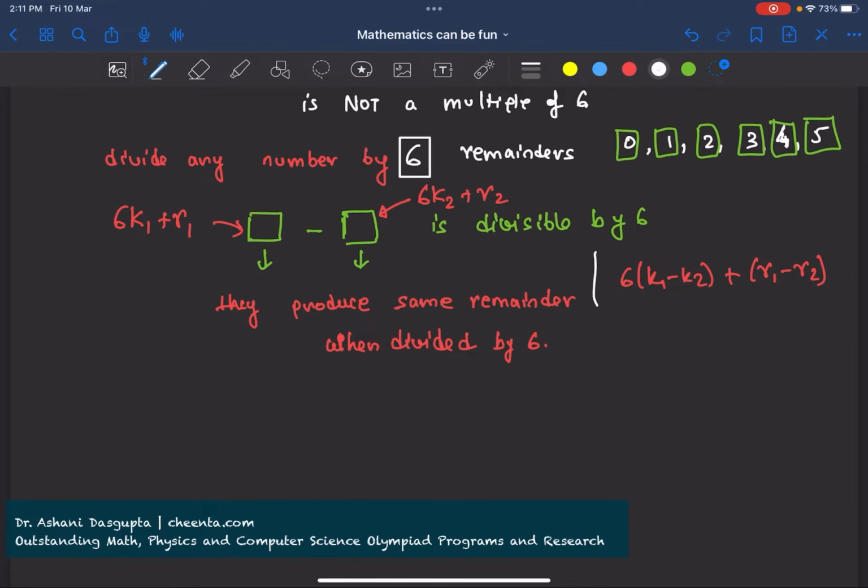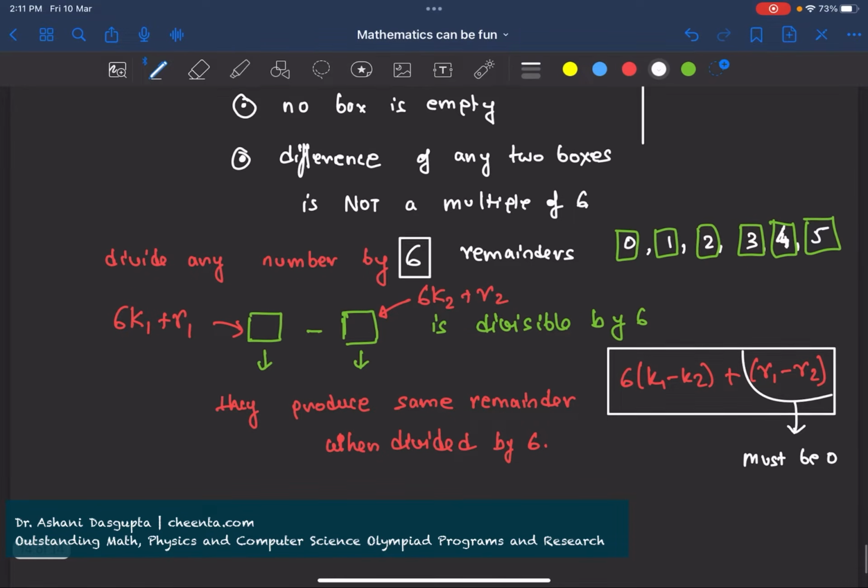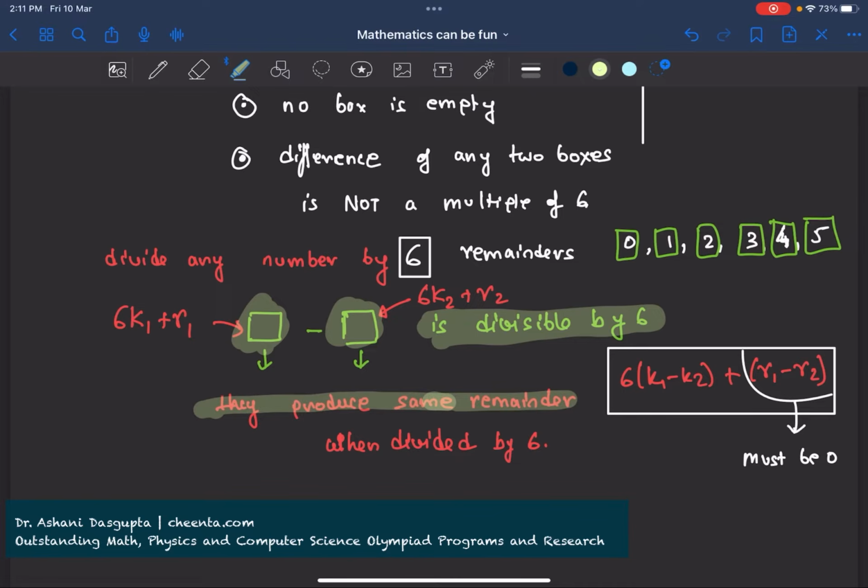So if this quantity has to be a multiple of 6, this little portion r1 minus r2 must be 0, right? So this is a very important step of this problem. Make sure you understand this absolutely clearly. If the difference of two numbers is divisible by 6, then their remainders must be the same, when divided by 6.